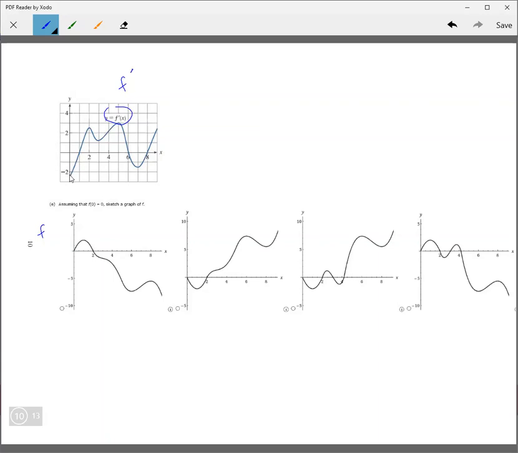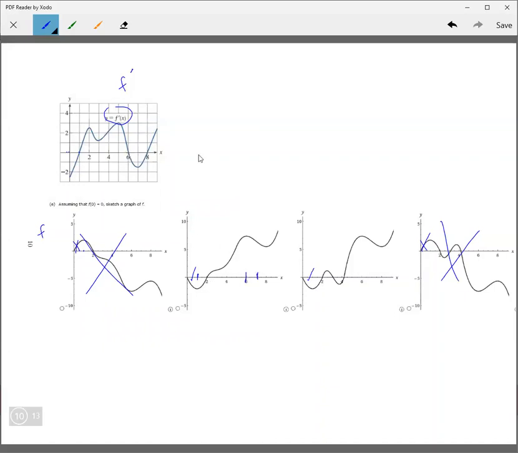It's decreasing from 0 to 1. We'll look for a function that's decreasing from 0 to 1. That's not. That one is. That one is. That's not. So we eliminated those two already. It's increasing from 1 to 6.